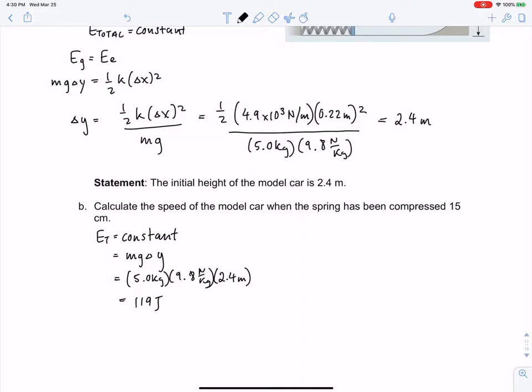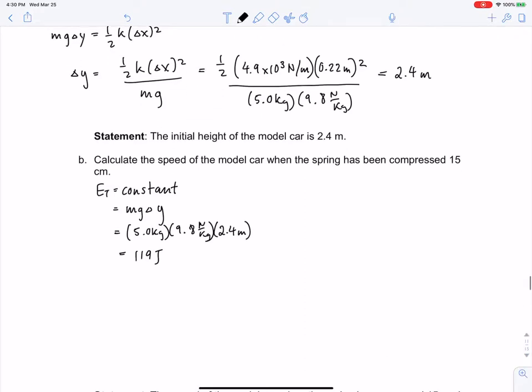Now, when the spring is compressed, it will still possess a bit of energy. If it's compressed 15 centimeters, remember that the maximum compression is 22 centimeters. So at that particular point, it's still going to have a certain amount of elastic potential energy, but some of that will be converted into kinetic energy.